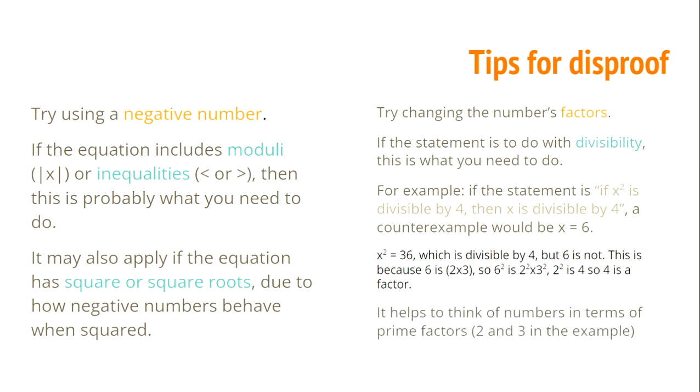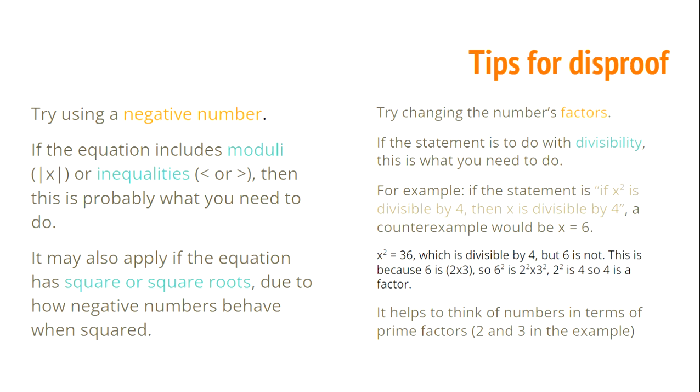This should show that you need to think of numbers in terms of prime factors. The prime factors of 6 are 2 and 3, while the prime factors of 4 are 2 and 2. So the number going in, because it's going to be in the equation twice, should have a single 2, so that it's not divisible by 4, but then the answer will be divisible by 4.